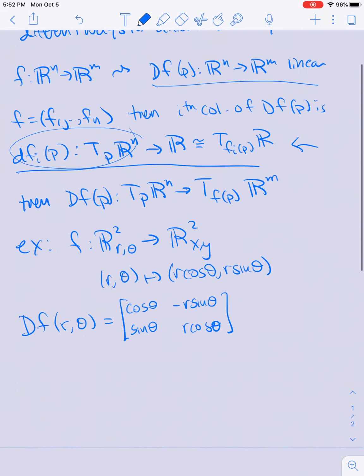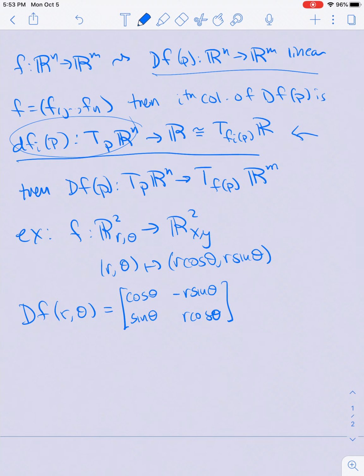And notice that the first row is basically just the differential of this x function, and the second row is the differential of the y function. So here I'm calling x my f1 and y is my f2.